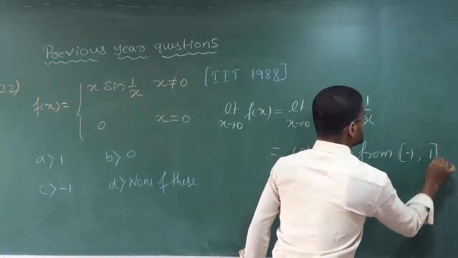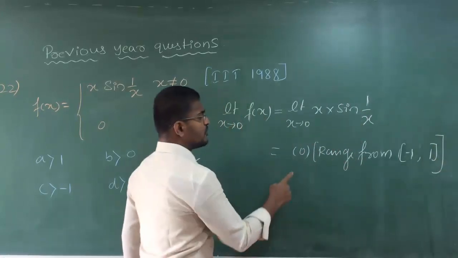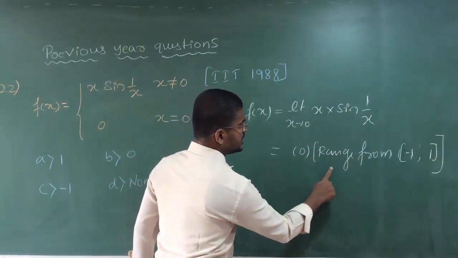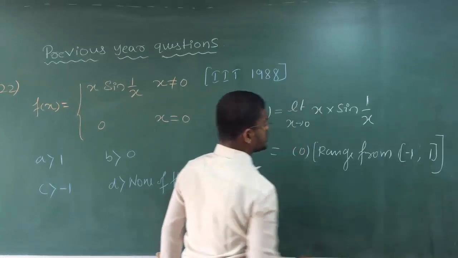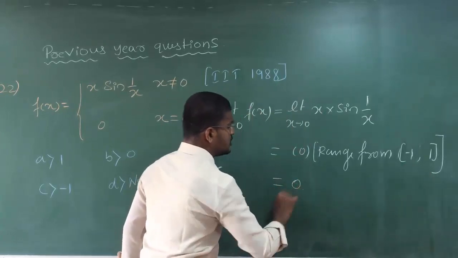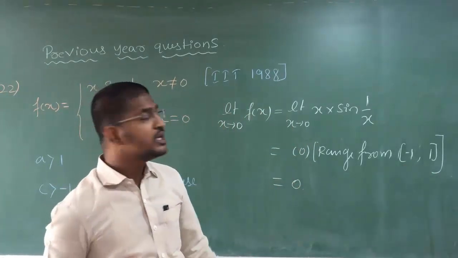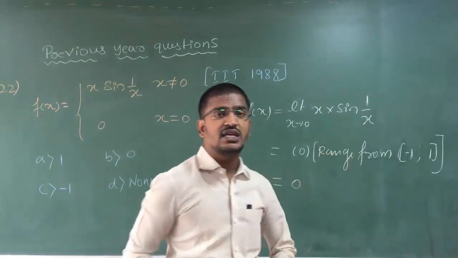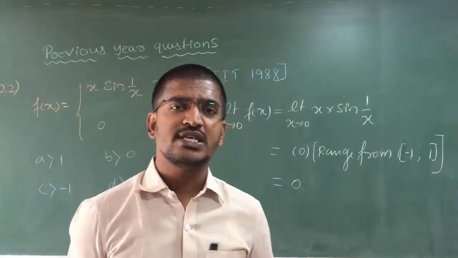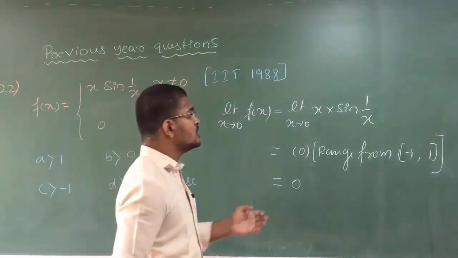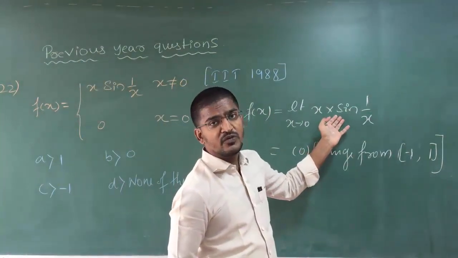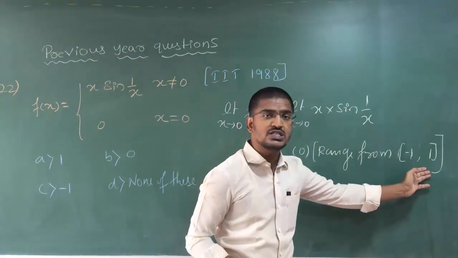If I multiply 0 with any term in between minus 1 to plus 1, your answer will be equal to 0. You know the range of trigonometric function, that is from minus 1 to plus 1 for sin x.